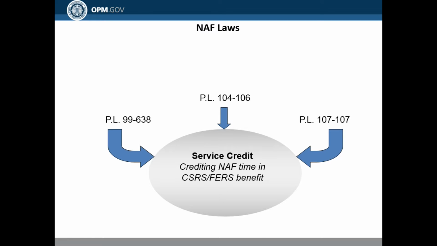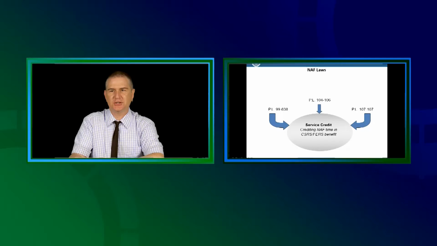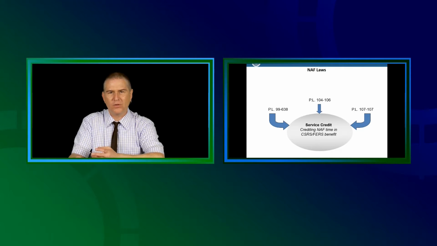And 99-638 deals specifically with service credit. 104-106 and 107-107 deal with both issues. So again, these are some of the things that get a little confusing when you're dealing with NAF, is understanding all the public laws and what specifically is contained in each of them.